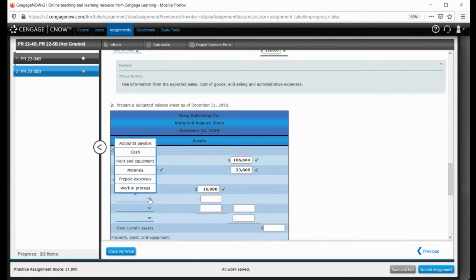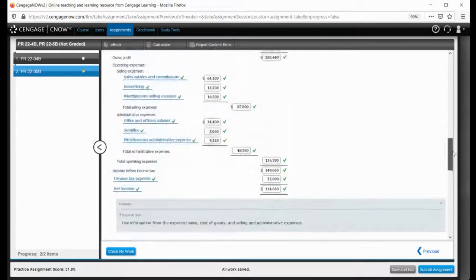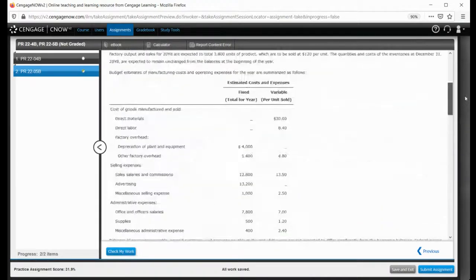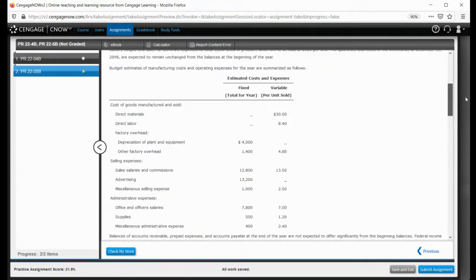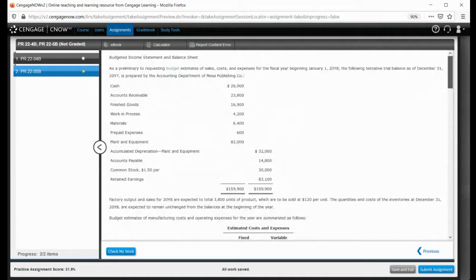Our next type of inventory is going to be, I guess your work in process inventory would be a good one to do. Let me see if that's the right one that they wanted. They say it's okay. So let's look and see about our work in process inventory. It too is given the amount.